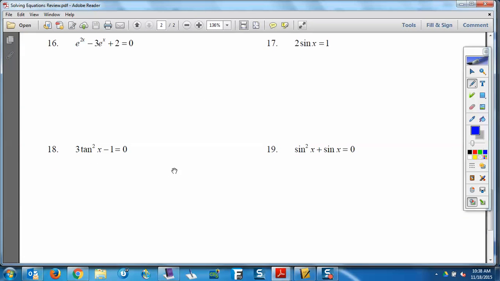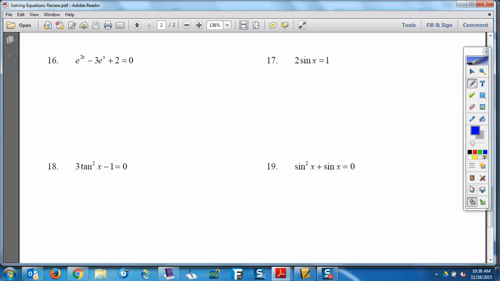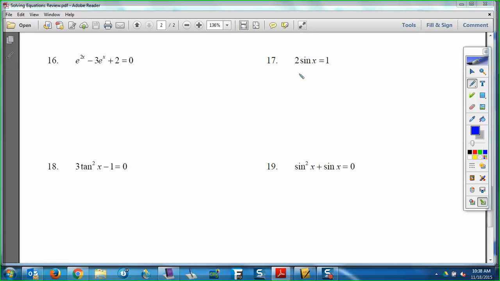Trig. We're going to have some more time to practice some trig, but it didn't say here, let's assume it's in a fixed interval from 0 to 2 pi. So where does sine equal 1/2? We think of the unit circle, that would be here. And what other quadrant?